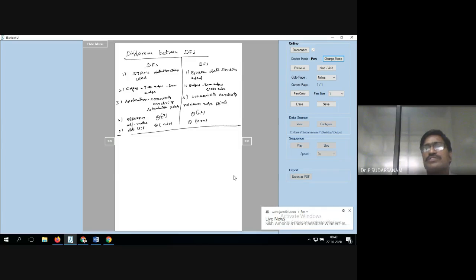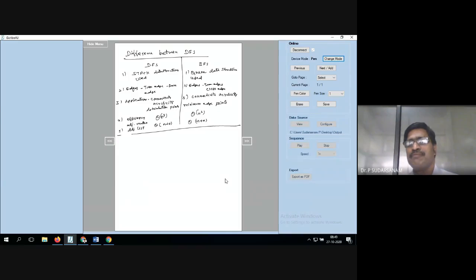The remaining is almost the same. You have to remember that and write it in the examination, where they will ask what the difference between BFS and DFS is.